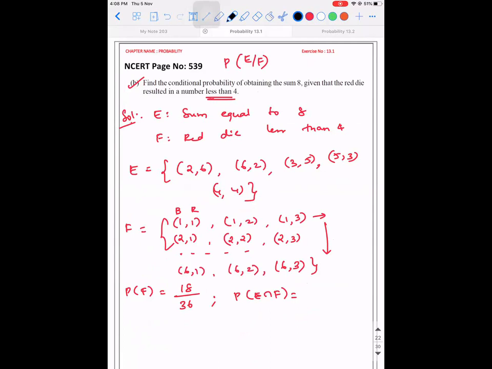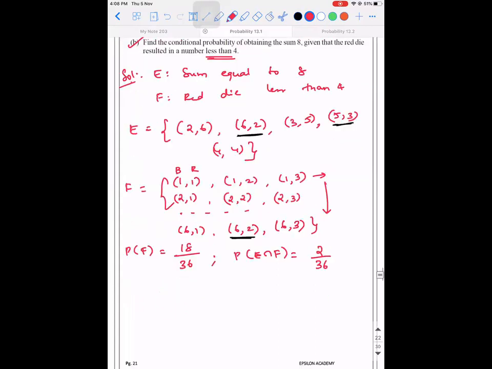Then 5, 3 will come, but 3, 5 will not, and 4, 4 will also not come. So the probability of E intersection F is 2 out of 36. The probability of E given F is the probability of E intersection F divided by the probability of F, that is 2 by 36 divided by 18 by 36. It will be 1 by 9. Make a note of this.